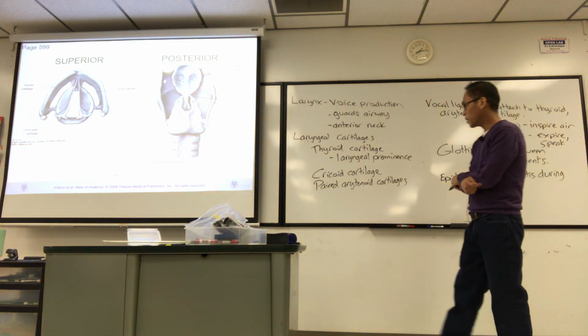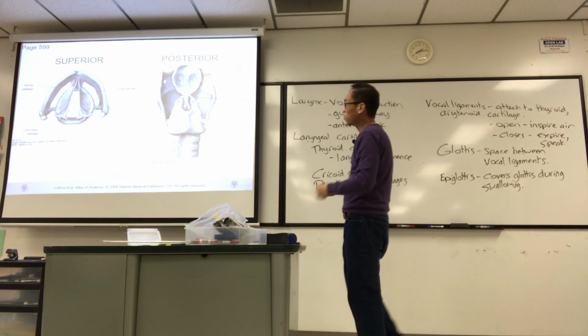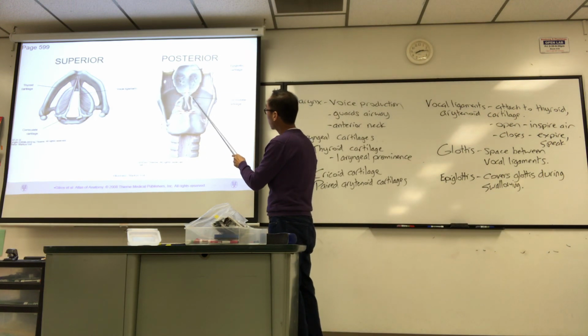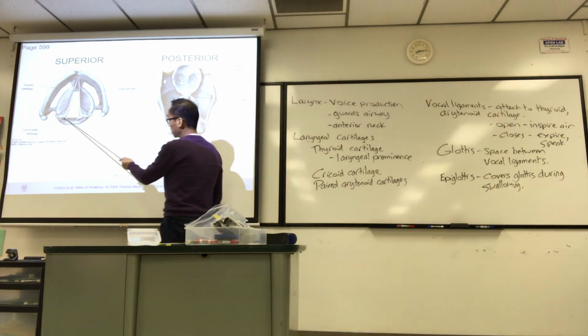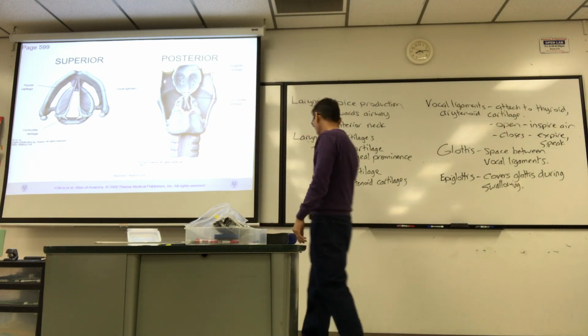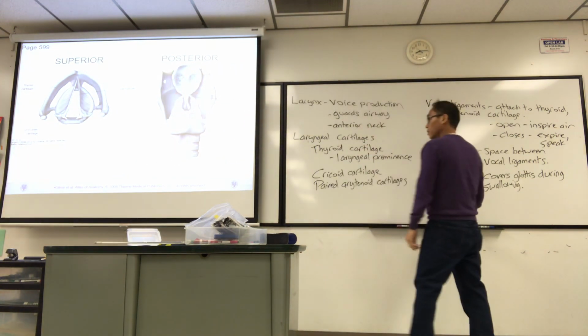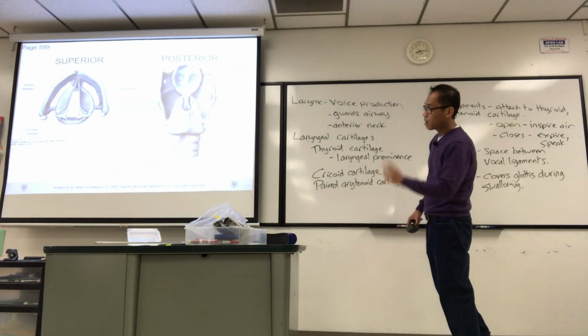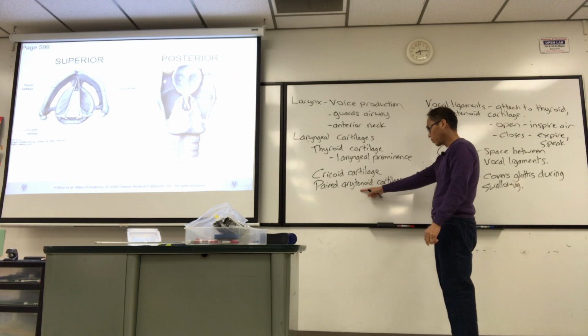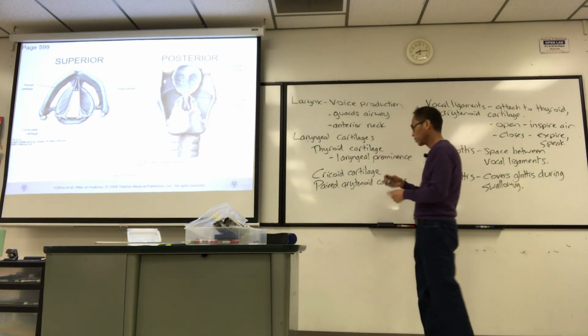Notice the arytenoids, right on top of them are those little spikes. And those are your little corniculate cartilages. So I already noted them as tubercles, but they're also cartilages. So let's write down paired corniculate cartilages. I'll just put them under paired arytenoid cartilages since they're both paired.